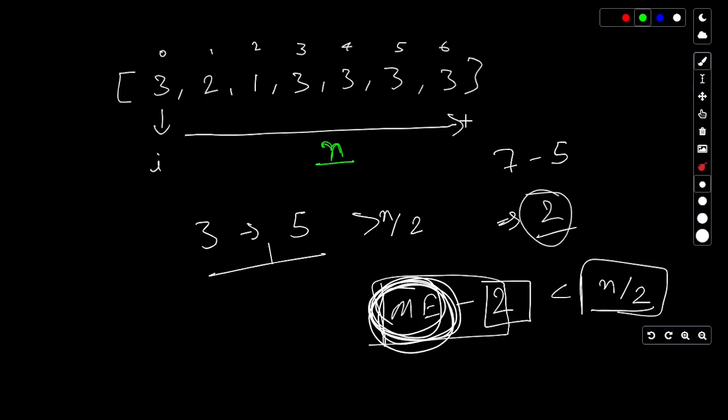Another way to explain it is, let's take something like a stack, and in the stack we have 1, 2, 3, 4, 5, 6 elements. Let's take 7 elements as in the array.